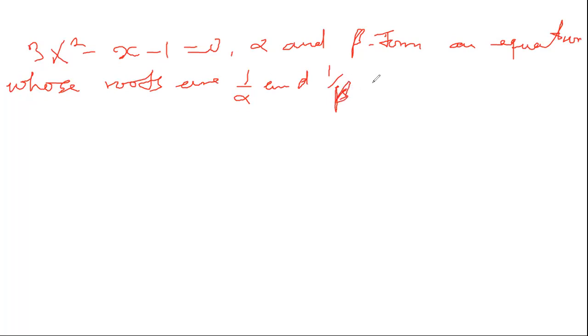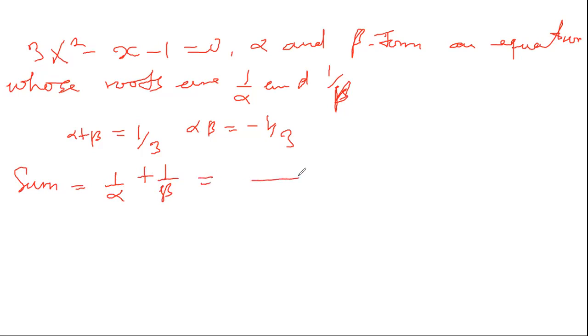So we are going to still begin by finding the sum and product. We had seen that the sum alpha plus beta is equal to a third, and then alpha beta is equal to negative a third. We are going to begin by finding the sum of our new roots. So sum is going to be 1 over alpha plus 1 over beta, which is the same as, LCM is alpha beta, so alpha beta, when we divide, we shall have alpha plus beta.